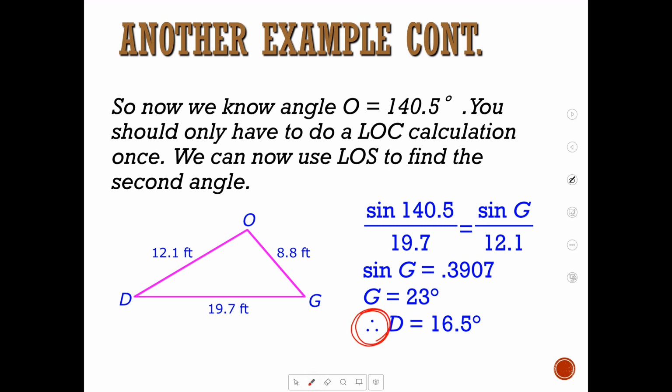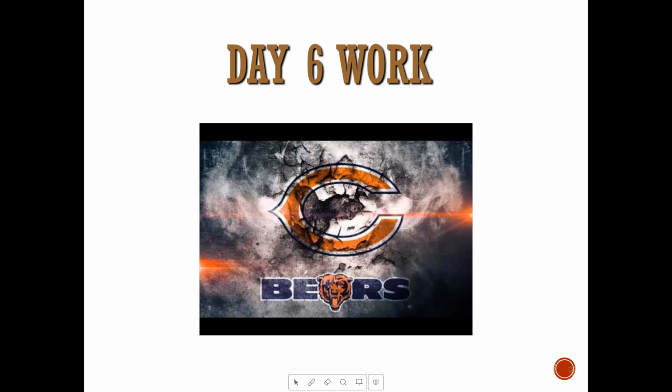The 3 dots there? That means therefore. I don't know why you need to know that other than I used it in my slideshow. Okay, we're all done. Questions?